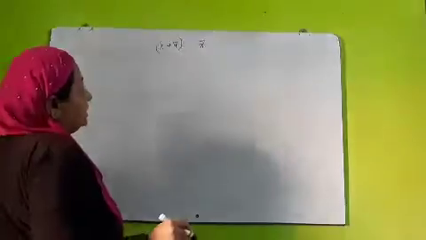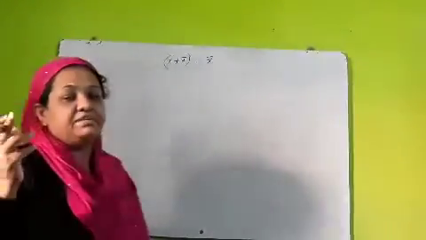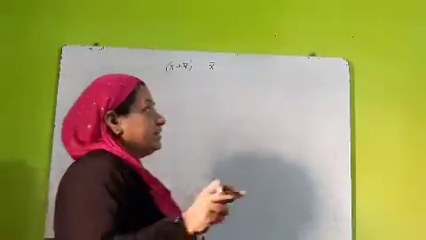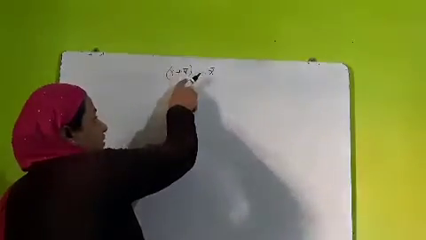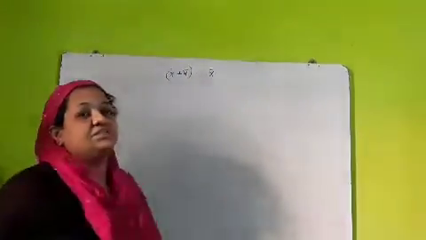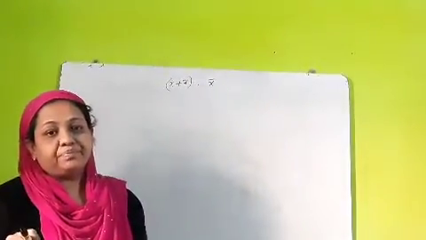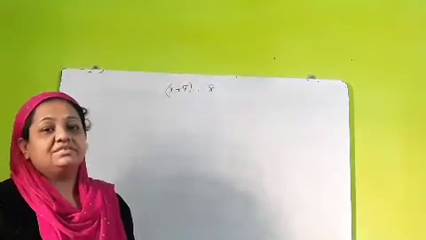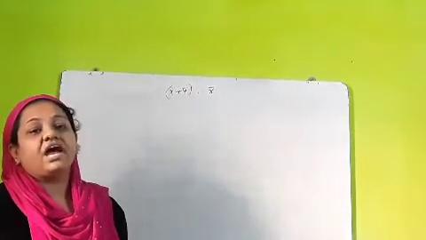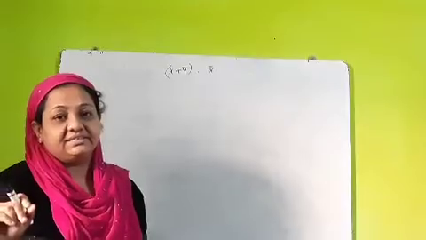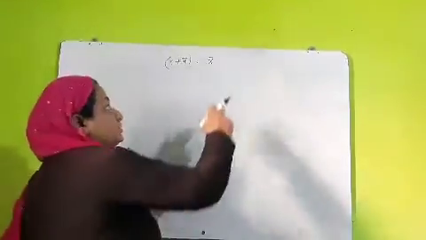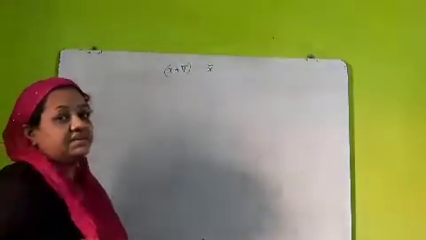We can see here there are 2 variables x and y. In the first expression there is x and y bar, but in the second expression there is only x bar. So this expression is not in the canonical form of POS, because there is one term missing here.